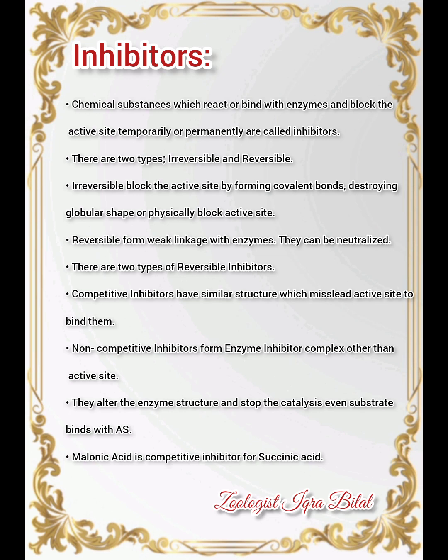Irreversible inhibitors block the active site by forming covalent bonds, then destroying the globular shape or physically blocking the active site. Reversible inhibitors form weak linkages with enzymes. They can be neutralized. There are two types of reversible inhibitors, competitive inhibitors and non-competitive inhibitors.